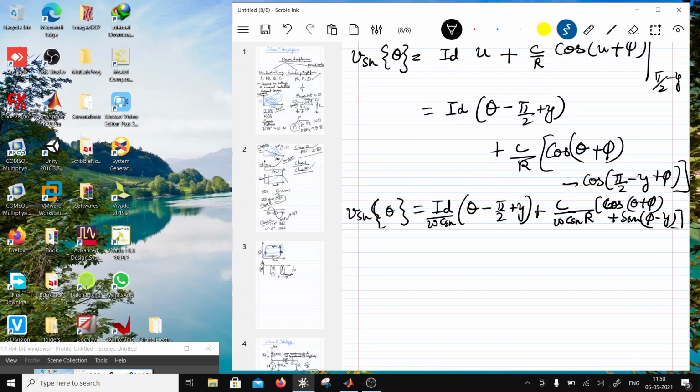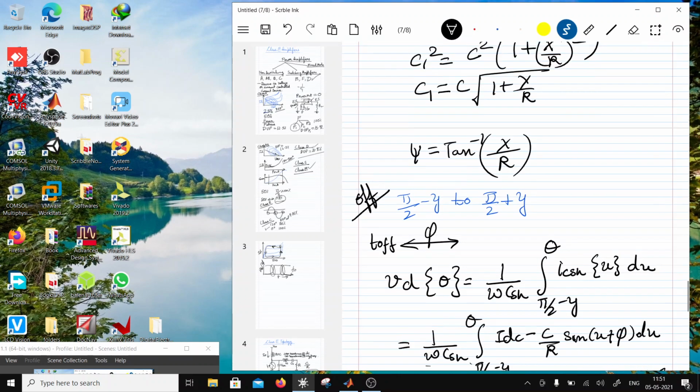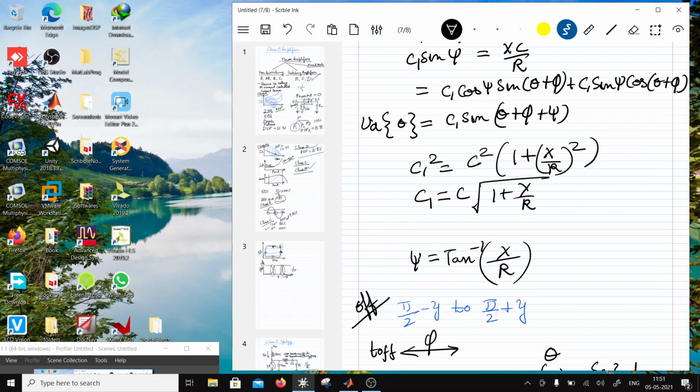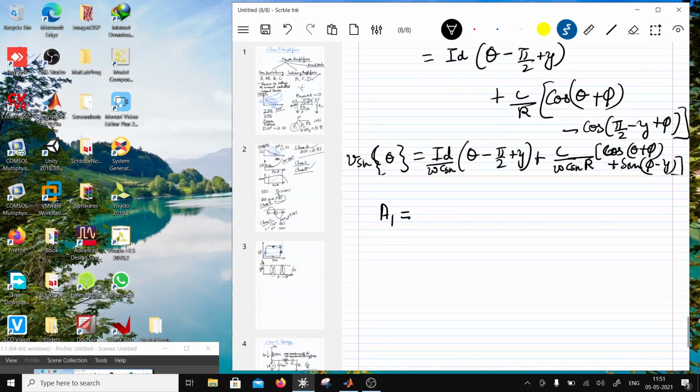Fundamental of it, A1, or rather C1, right? Because this is the fundamental, right? So this is C1 sine of this. So I'm trying to find C1 here.